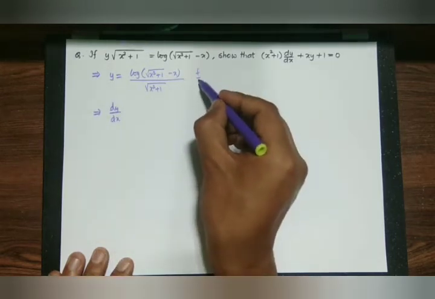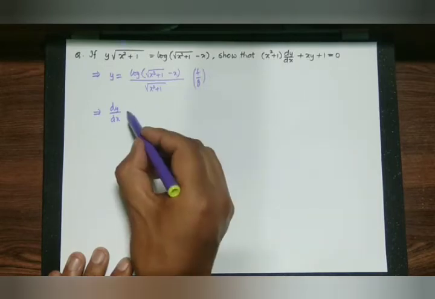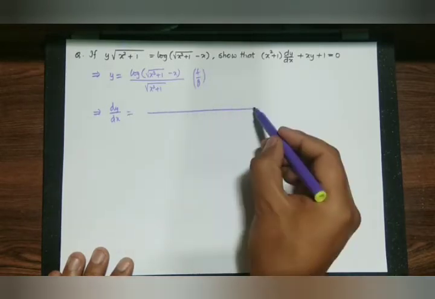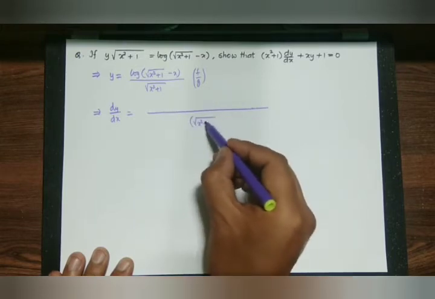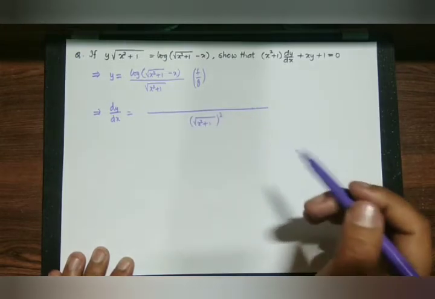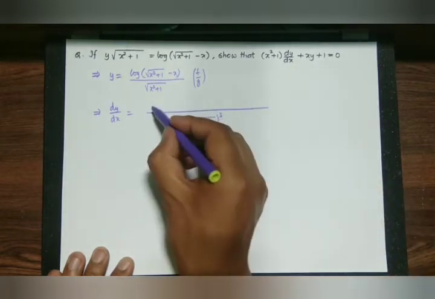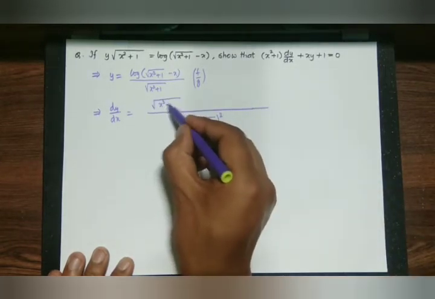So this is f by g form. So f by g can be written as denominator squared. So this one is my denominator and it's squared, right? Okay, now the denominator will stay as it is.